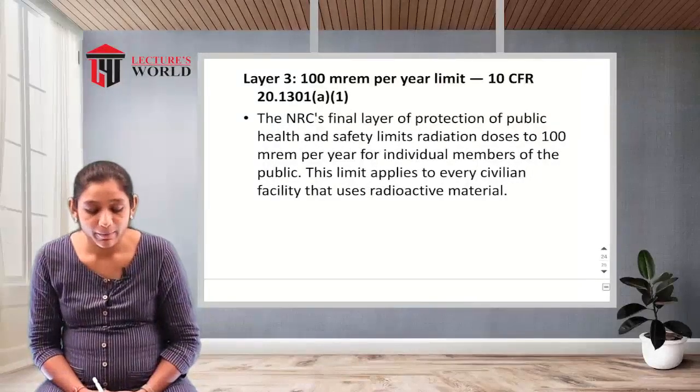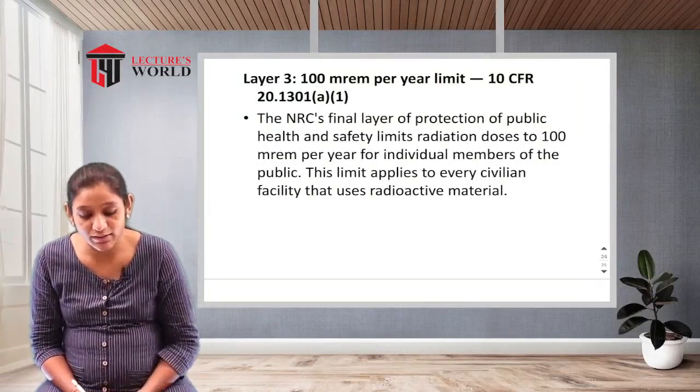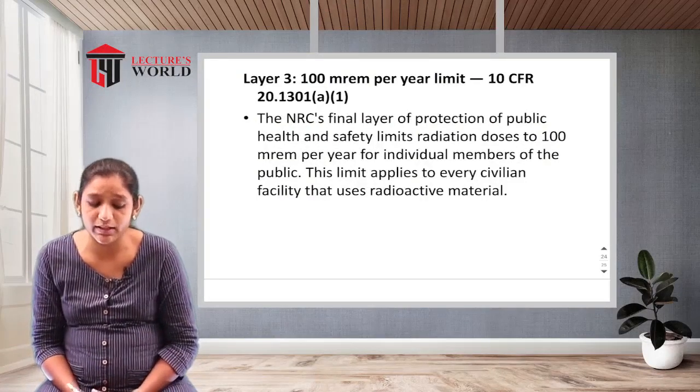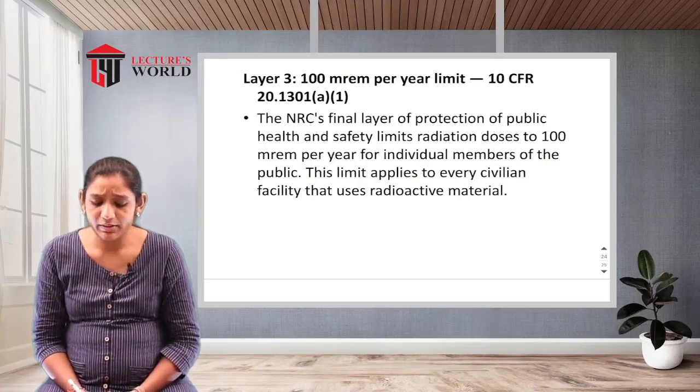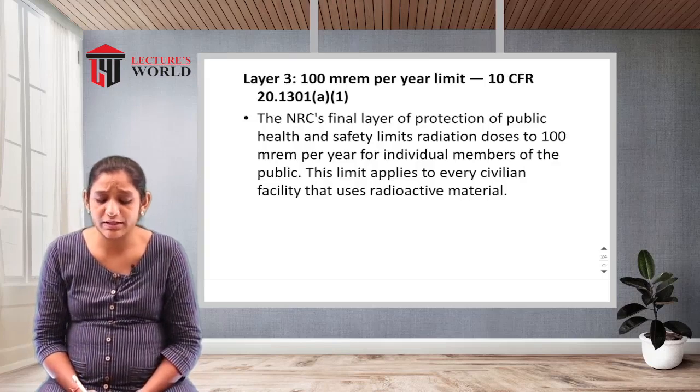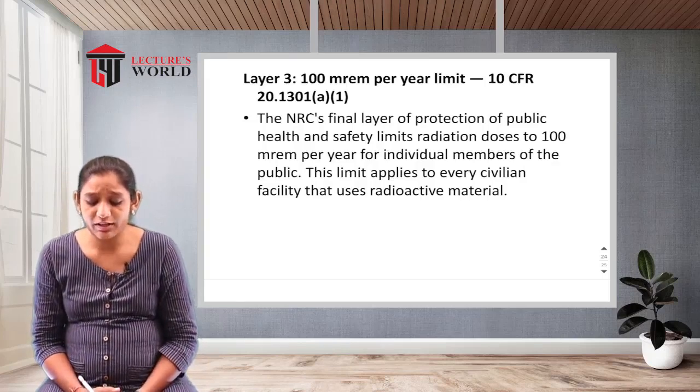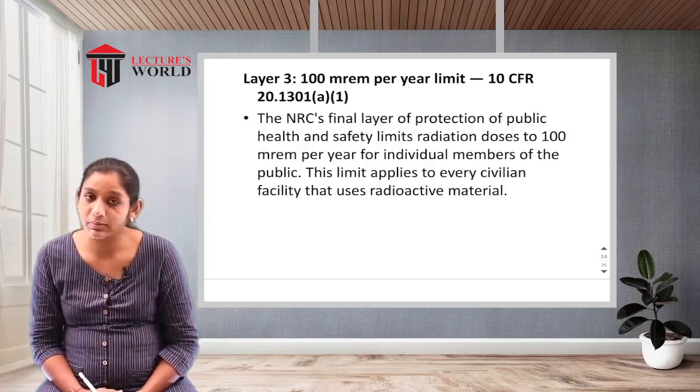The third layer, the NRC's final layer of protection of public health and safety, limits radiation doses to 100 mrem per year for individual members of the public.